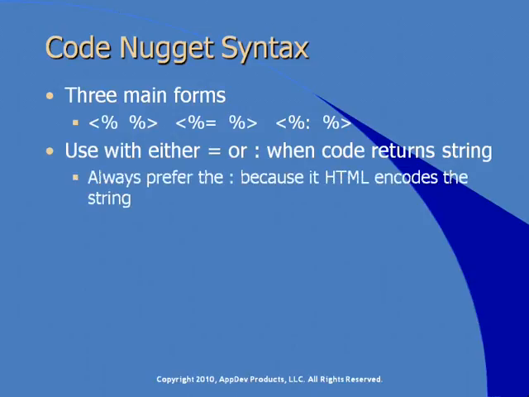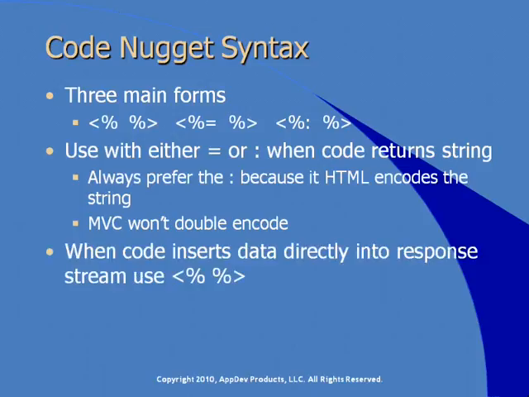And you should always prefer the colon version over the equal sign as of MVC2, because the former automatically HTML encodes the string to reduce the risk of cross-site scripting attacks. The nice thing is that ASP.NET and MVC is smart enough not to double encode strings that are already encoded.